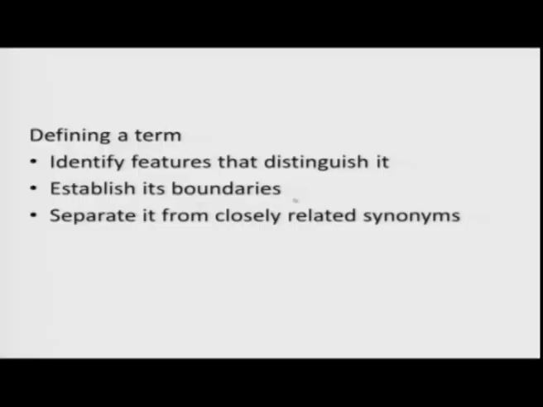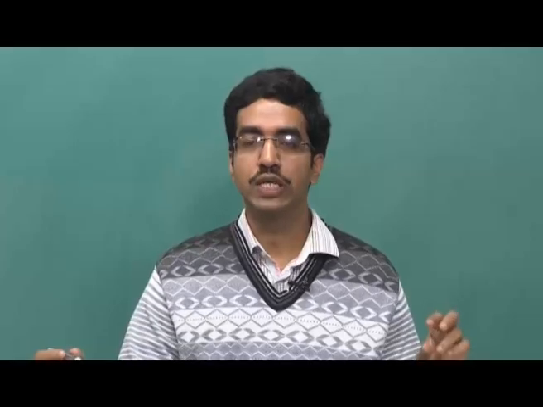Then we establish its boundaries, and by using it we separate it from closely related synonyms. Say, for example, you are defining autocracy and dictatorship. There may be some similarities, but they are different. So, you want to define each term so that the distinguishing features become very prominent.